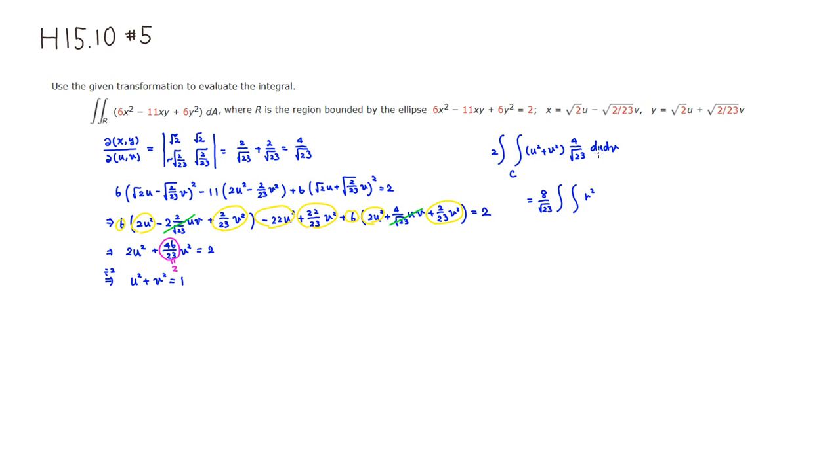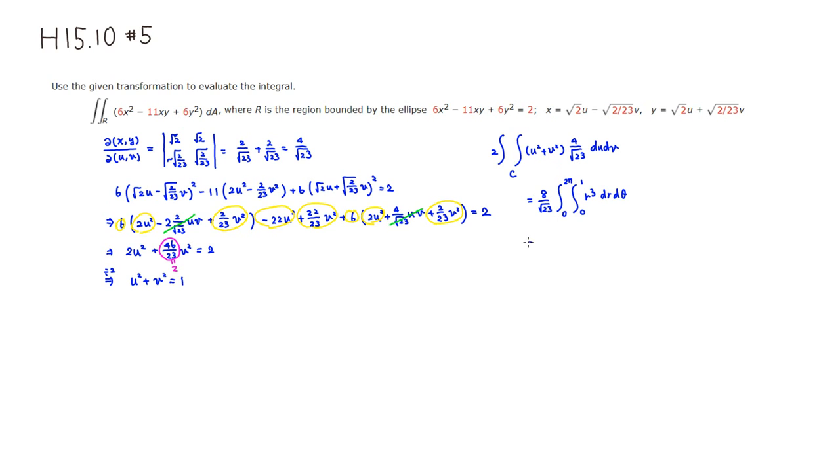Then the area element is r dr d theta, so this becomes r cubed dr d theta over the unit circle, so the radius goes from 0 to 1, and theta goes from 0 to 2 pi.